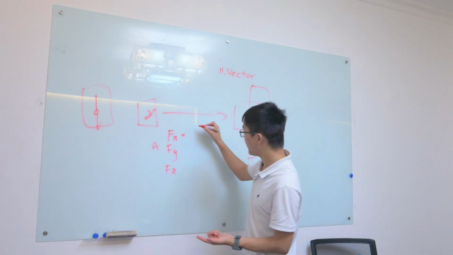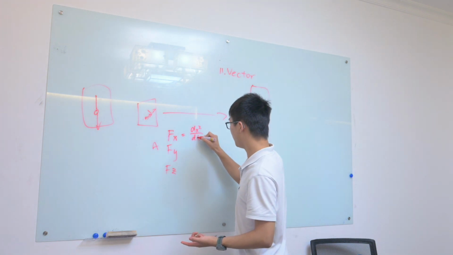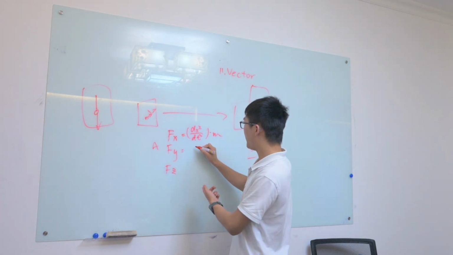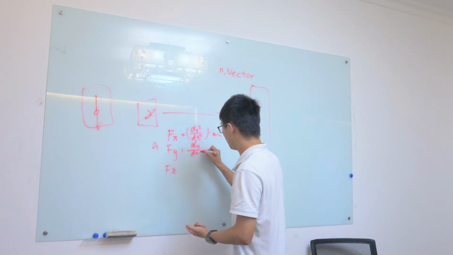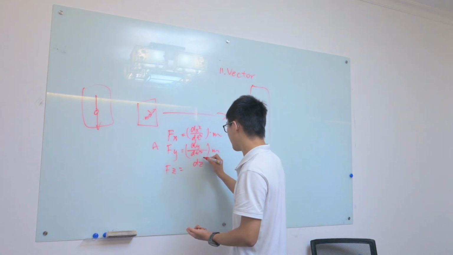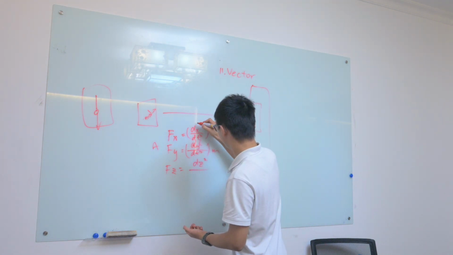For Fx, it is the mass times the second derivative of displacement over time. And Fy is the same, but in the y direction. And for z, it is in the z direction. So this is a square. No, it's here, sorry.